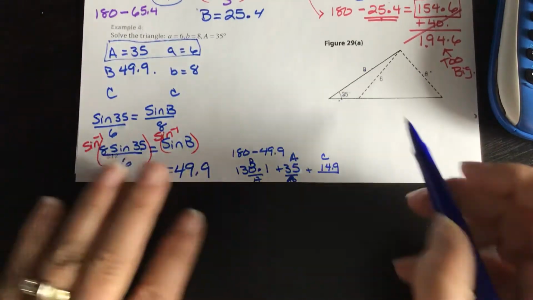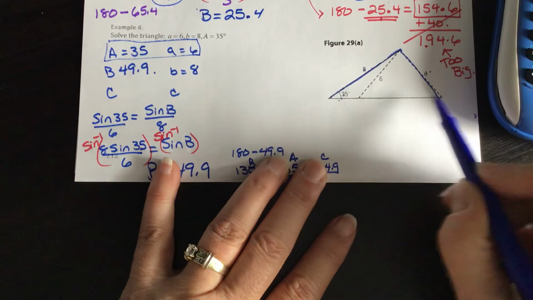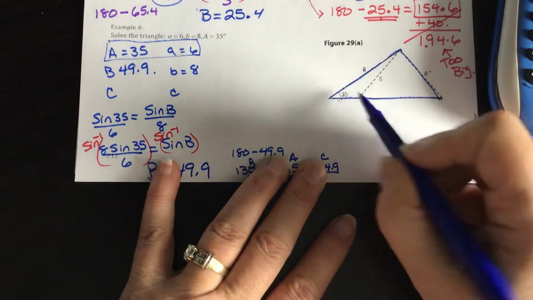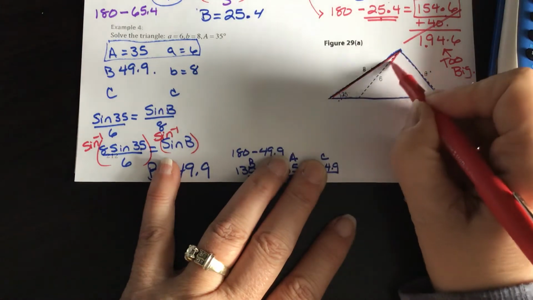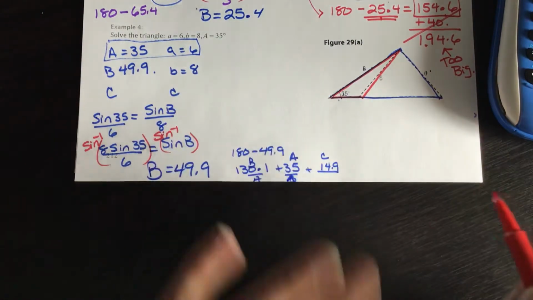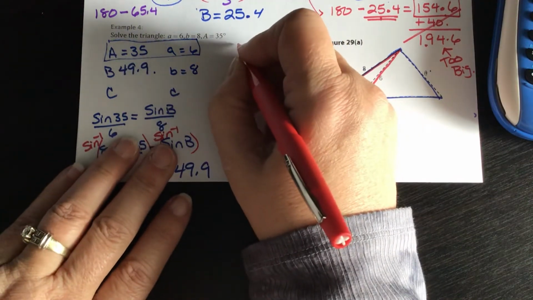All right, so I can have this big triangle be one solution, and I can have this little triangle be another solution. So I do have 2 solutions here.